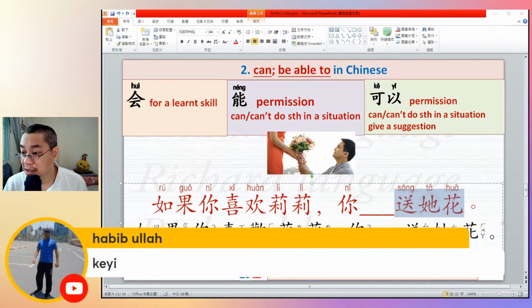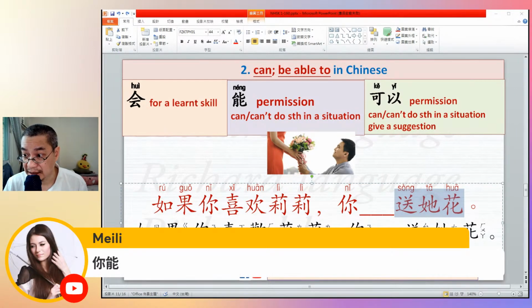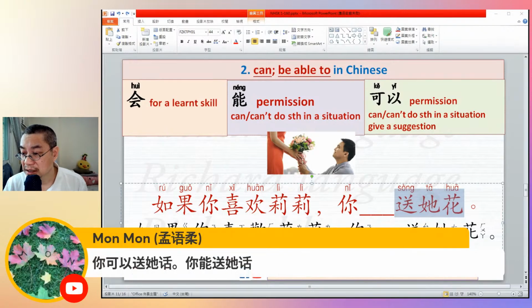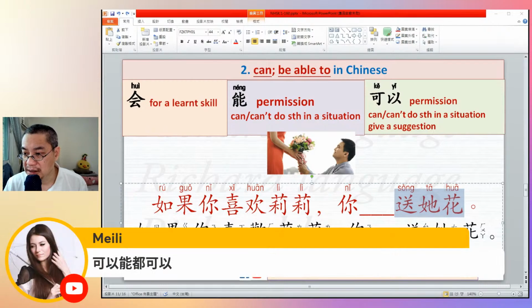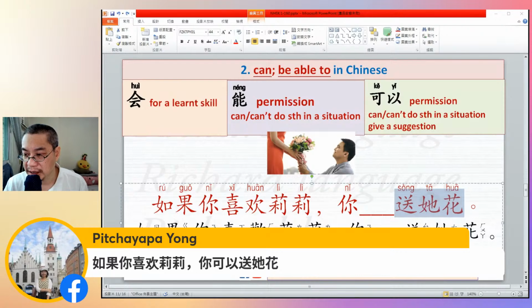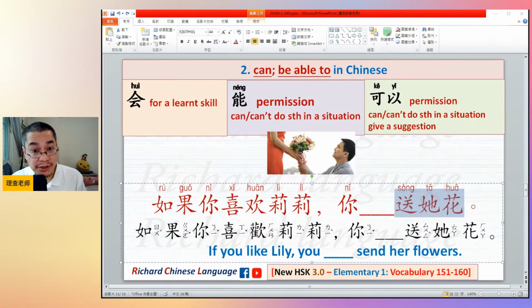Okay. 你可以送她花，你能送她花，如果你喜欢丽丽，你可以送她花。Okay, some students think I can use 能 and 可以。Some students think I can only use 可以。Think about it.